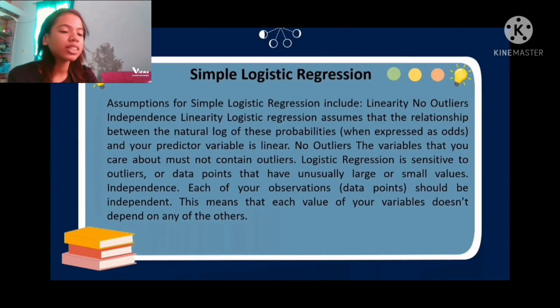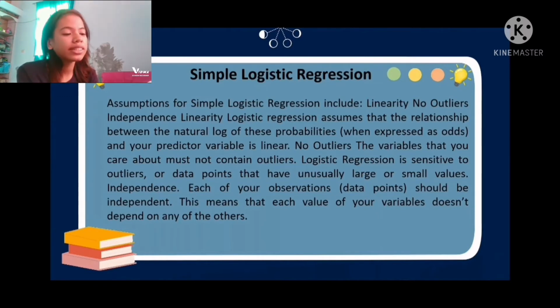Linearity. Logistic regression assumes that the relationship between the natural log of these probabilities, when expressed as odds, and your predictor variable is linear.